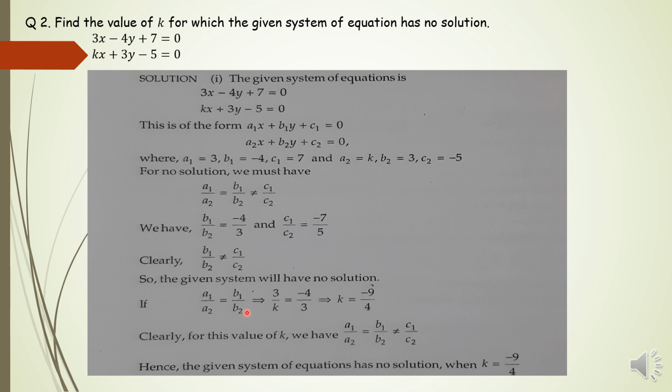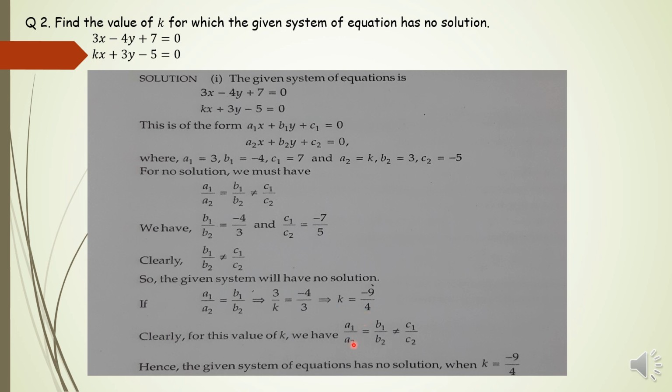That implies 3 by k, a1 by a2 is 3 by k. 3 by k is equal to b1 by b2, which is minus 4 by 3, which means on cross multiplication we will get k is equal to minus 9 by 4.